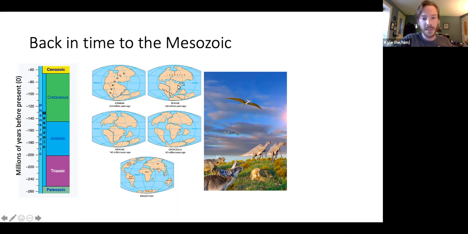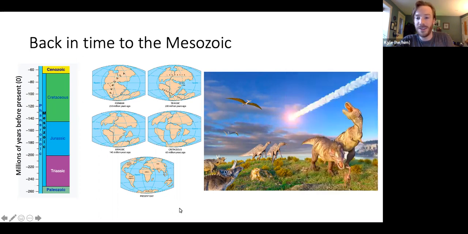We can see that the configuration of the continents on Earth at this time through the Triassic, the Jurassic, and the Cretaceous, which are the three sub-periods in the Mesozoic, had a completely different formation than they do today. And of course, this is the period of time that is known for having the dinosaurs.